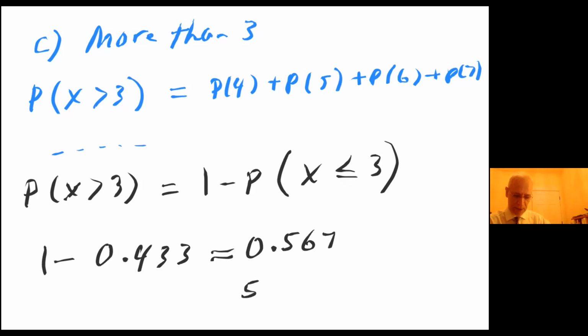So there's a 56.7% chance that there are more than 3 errors. Okay, I hope this was clear enough for you. Thanks.